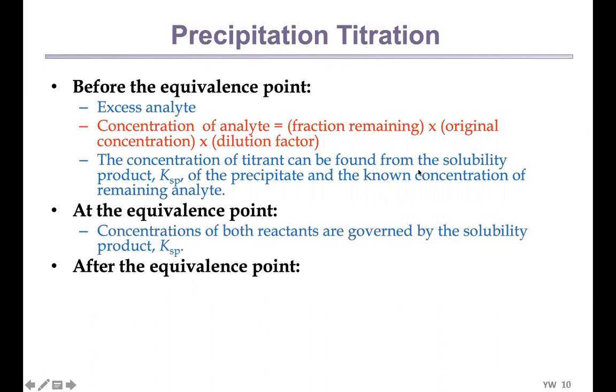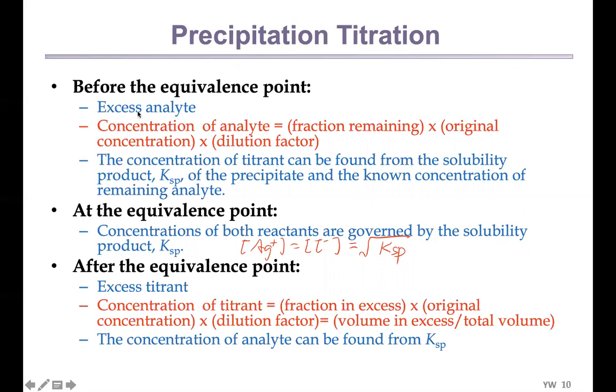At the equivalence point is probably the simplest because we have equal amounts of these two. So silver and iodide have equal amounts. They will just be the square root of Ksp. That's the easiest case.